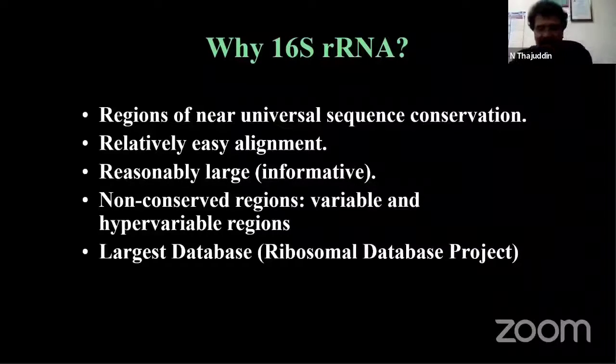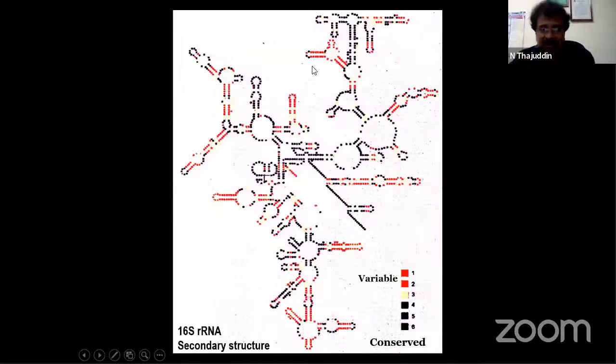Likewise, you are getting the data in no time. And this is the secondary structure. For example, in the case of E. coli, there is a darker region, and red, orange, and yellow regions. The darker regions are highly conserved regions. We can use them for identification, and the variable region is useful for strain level variation.